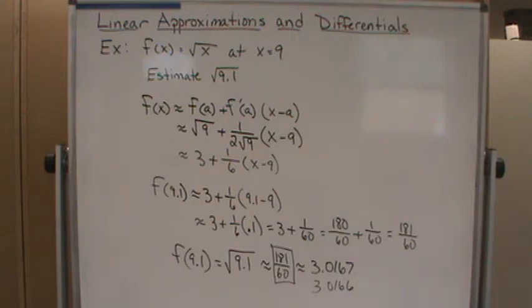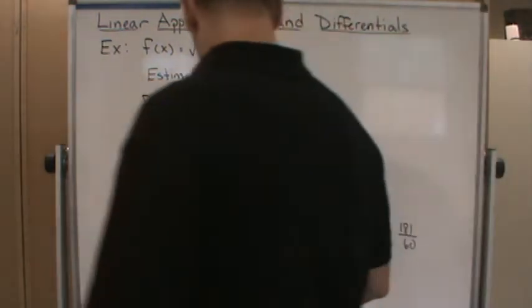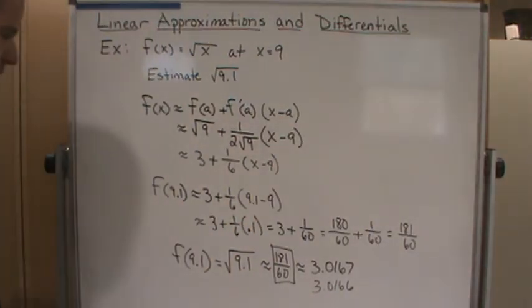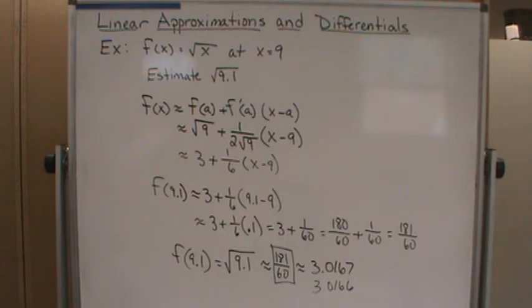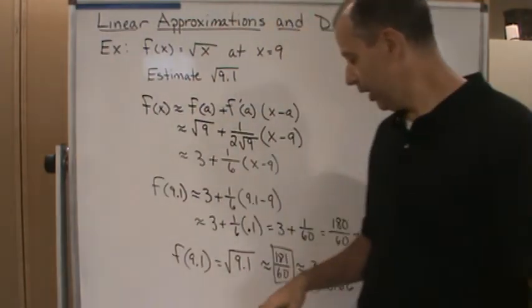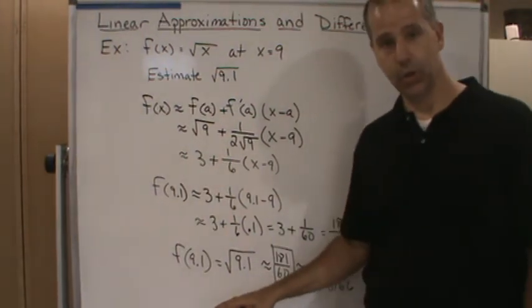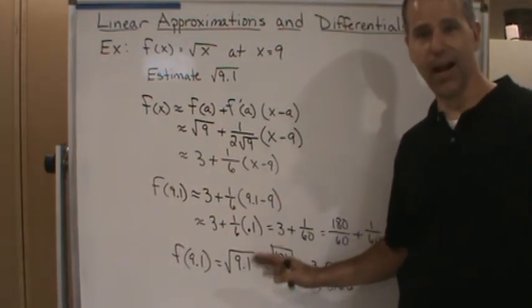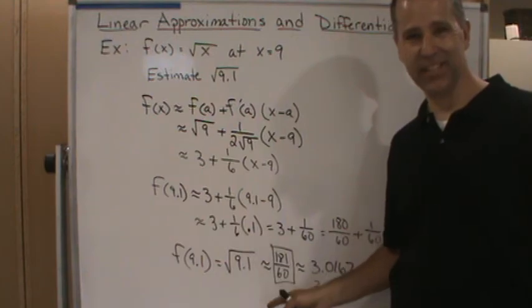Now here's the thing. It may seem odd to use a linear approximation to estimate something that we can just stick in our calculator and get a much more accurate value. But here's the point: your calculator uses approximations to get this answer.